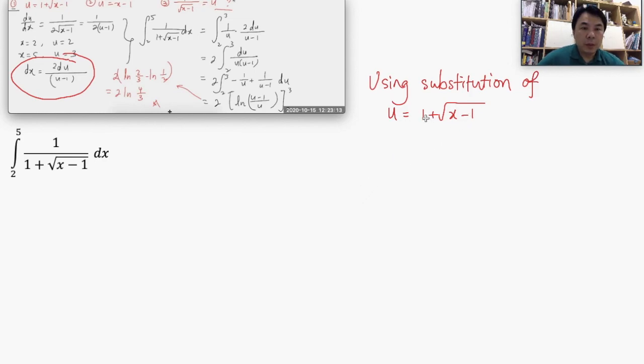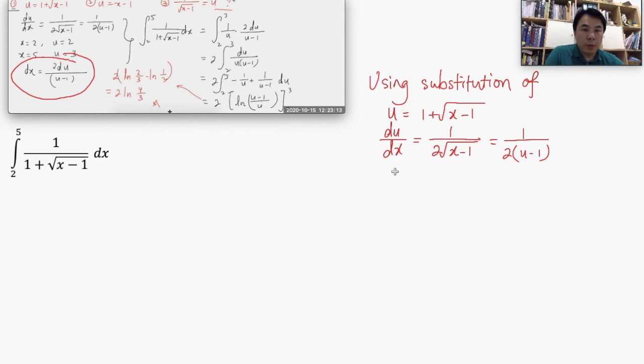Okay. So by working through the general setup, we have du dx equal to 1 over the square root of x minus 1 here. And then we can rewrite this as 1 over 2 times u minus 1 here.